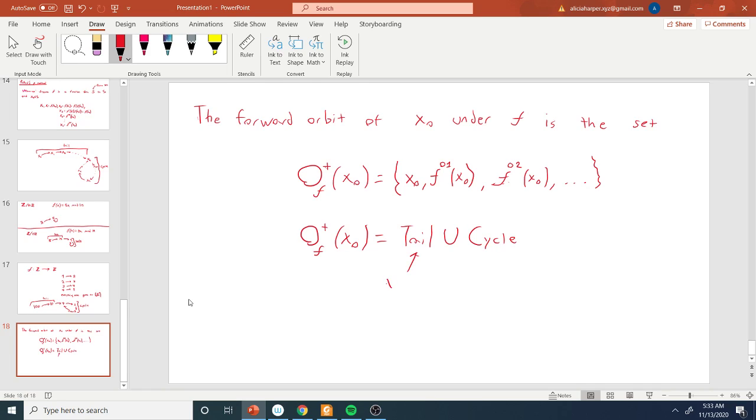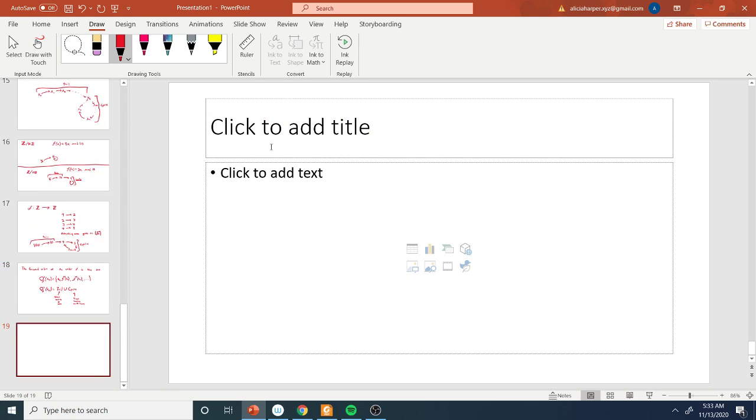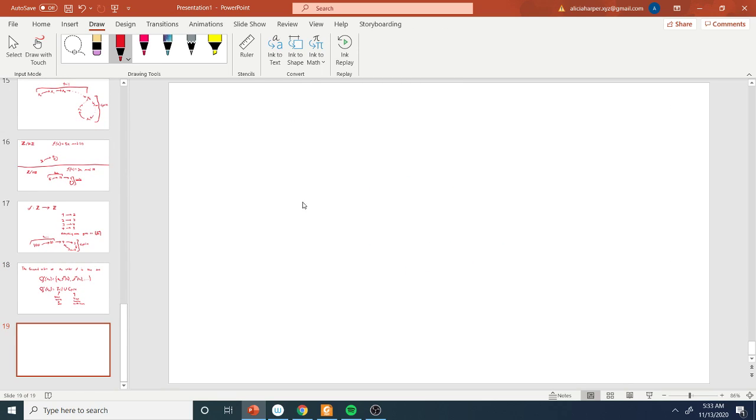The tail is things that show up once, and the cycle is things showing up infinitely many times. So this is the setting of Pollard's rho method.